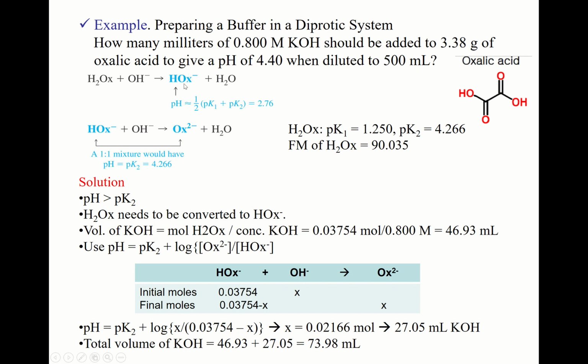The first step for us is to calculate the volume of potassium hydroxide to completely convert oxalic acid to hydrogen oxalate. The second step is to calculate the potassium hydroxide volume to make oxalate, to make a pH of 4.40. Let's take the first step.